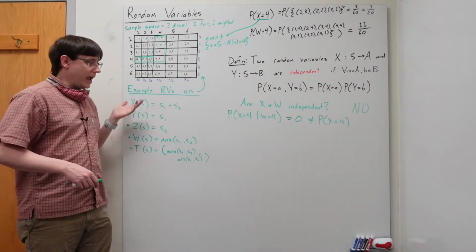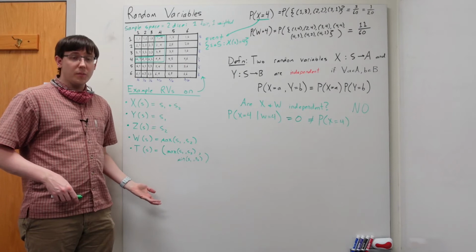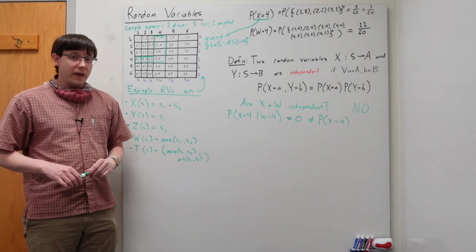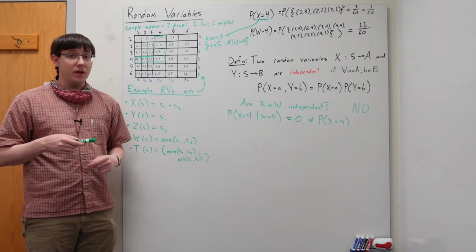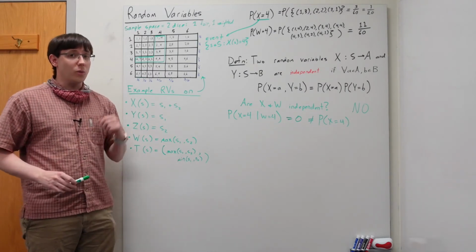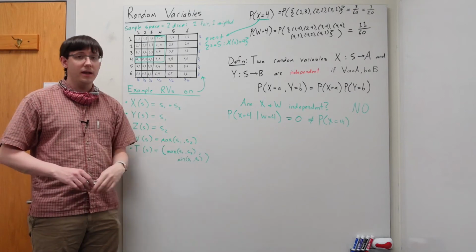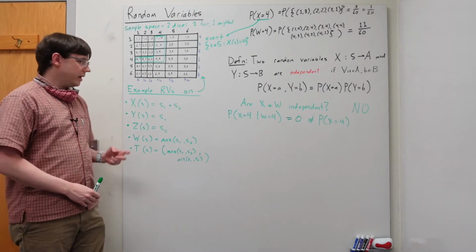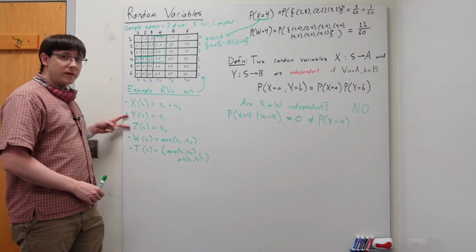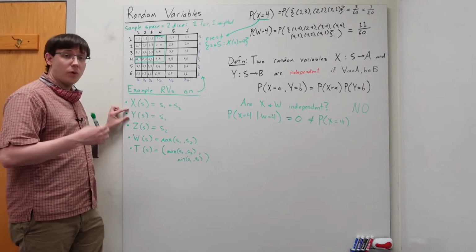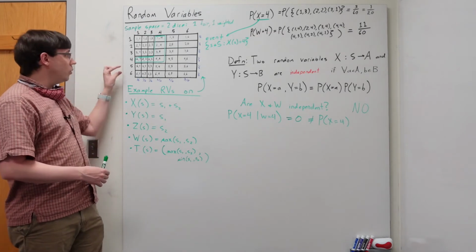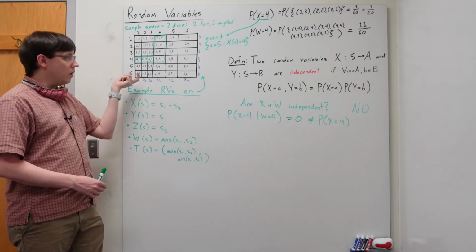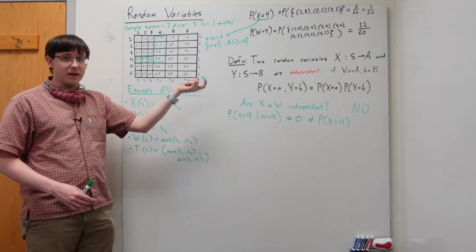So then, is there any pair of random variables among those we have defined that are independent? Well, we had last time an example of independent events where one event depended on the first die and the other event depended on the second die. And here we have two random variables where the events for Y all depend only on the first die, and the events for Z all depend only on the second die.